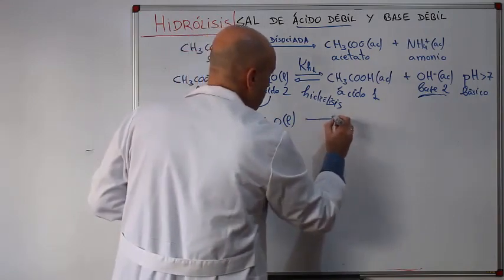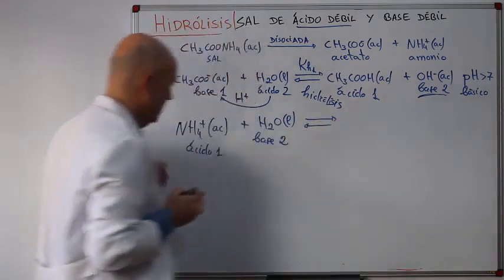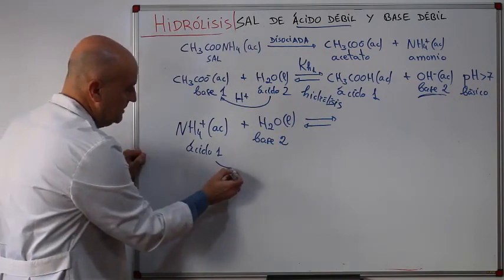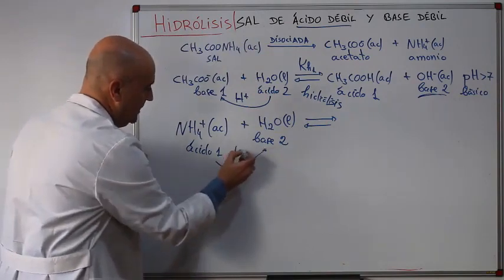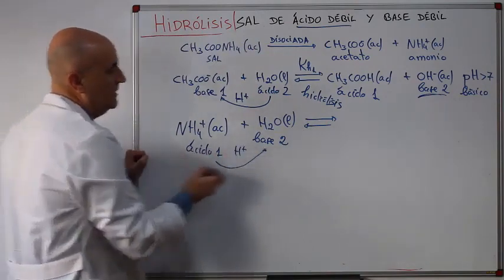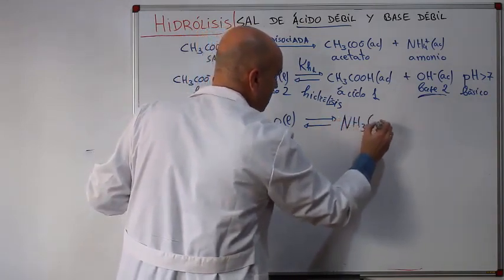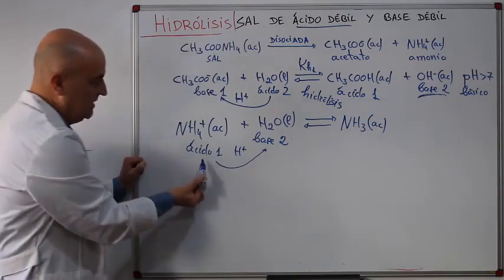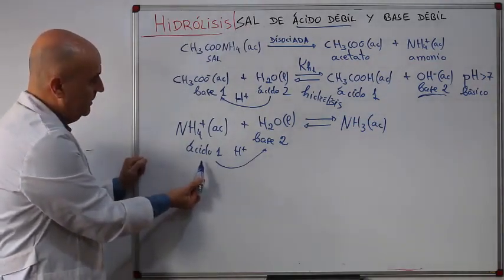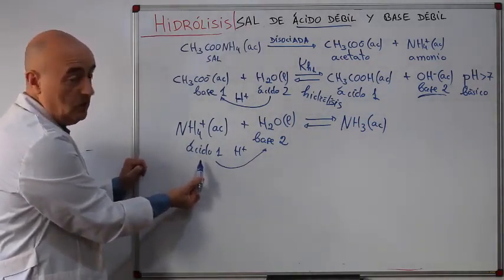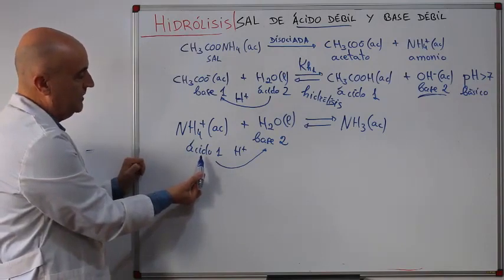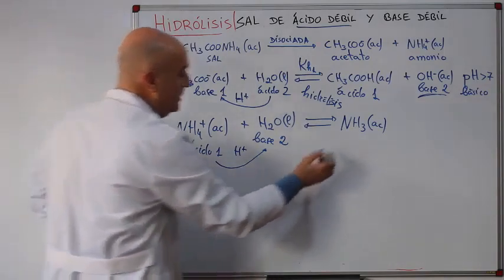If this is the acid, we transfer a proton from the acid to the base. And here I'm left with the conjugate base of the ammonium, which is NH3, also in solution. If this one I've called acid 1, by losing the proton it becomes its conjugate base, which I will call base number 1.